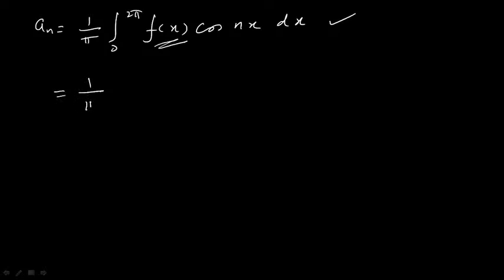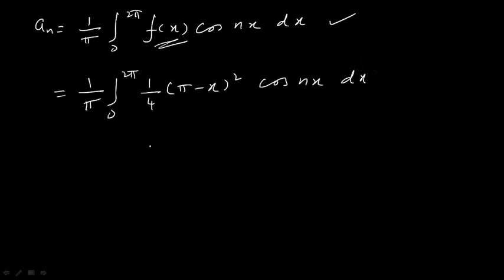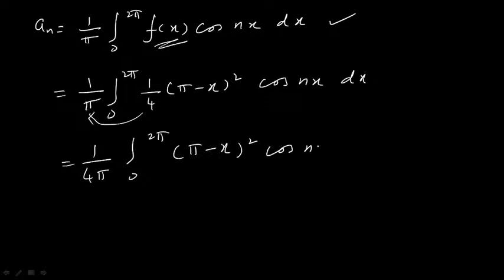The given function is 1 divided by 4 (pi minus x) the whole square, cos nx dx. Here 4 is a constant, so you take it outside of this integral. So 1 divided by 4 pi integral 0 to 2 pi (pi minus x) the whole square cos nx dx.